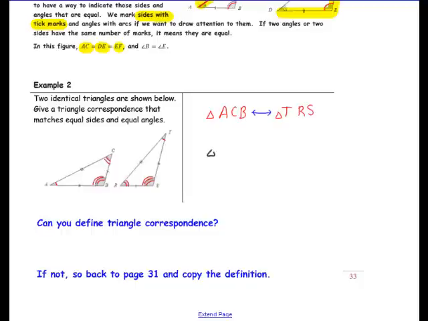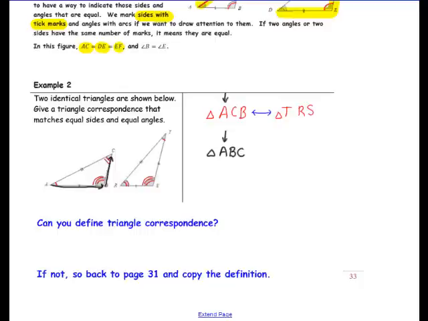If you wanted to, you could write triangle ABC so that you had them in alphabetical order A, B, C. Then if you change the order of the first triangle, you also need to change the order of the second triangle so that the first letter matches up with the right angle.